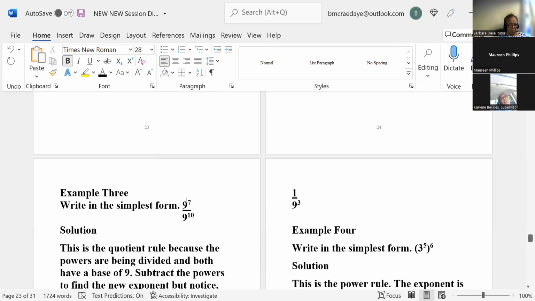No, the numerator exponent minus the denominator exponent.